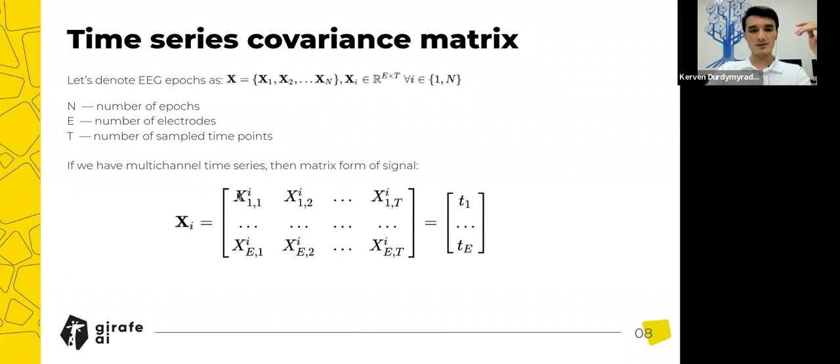For example, this first row is a signal from these electrodes. Because we have E rows, which means we have E electrodes on our brain, and each row is a signal at sample time points from our electrodes. We have T1, T2, and TE.